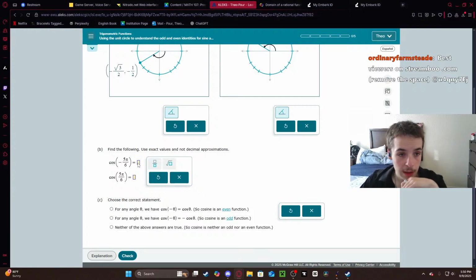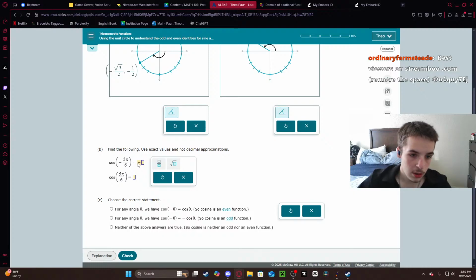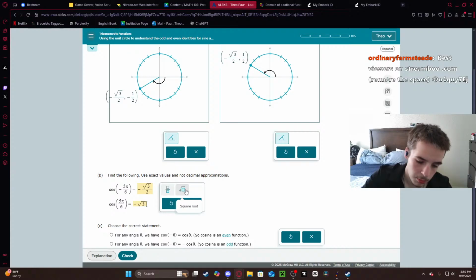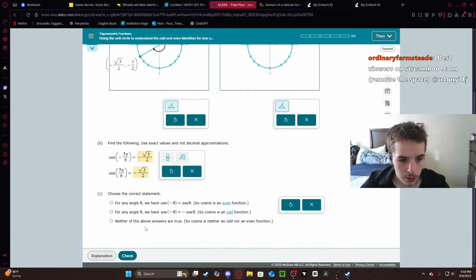Cosine of negative 5π/6, it says it right there. Negative square root 3 divided by 2. This was probably also negative square root 3 divided by 2. Cool.